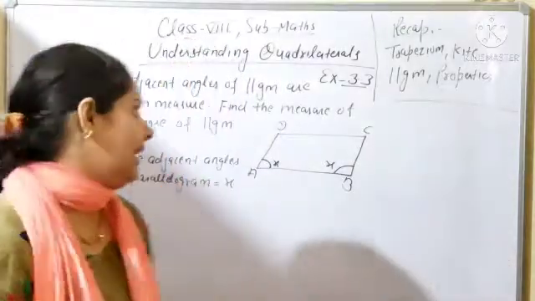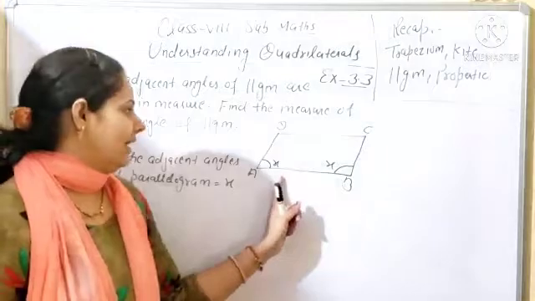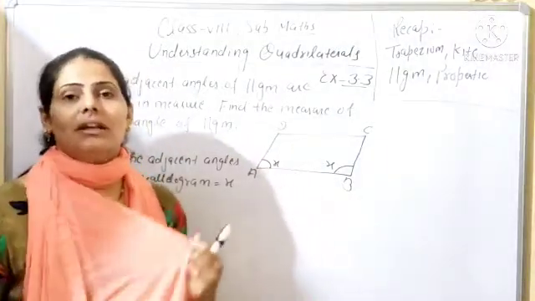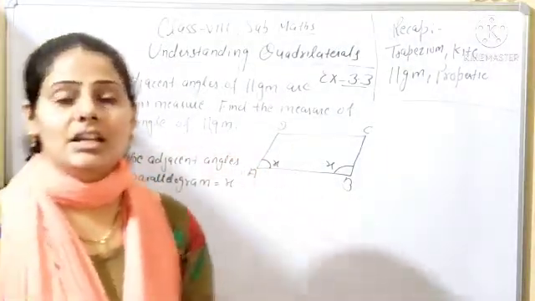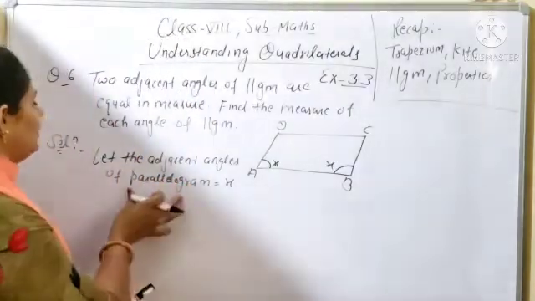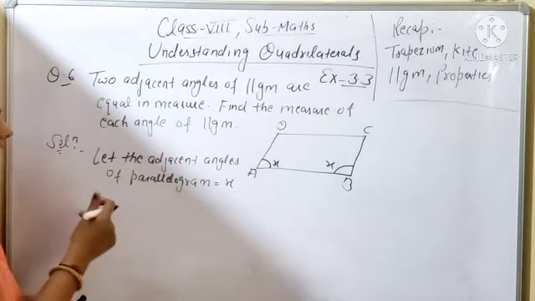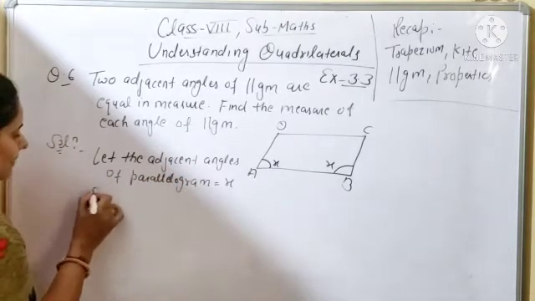If one angle you are assuming x, it is given two adjacent angles of a parallelogram are equal. If one is x, the second one will also be x, because both the measures are equal. So you will assume first, let the adjacent angles of a parallelogram be equal to x. After that you will apply the property.